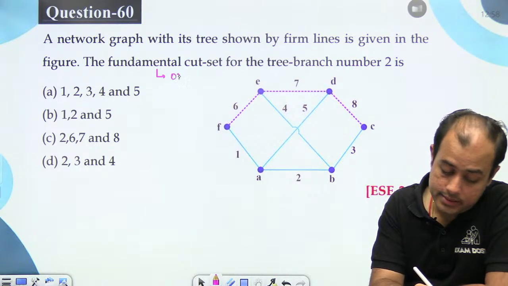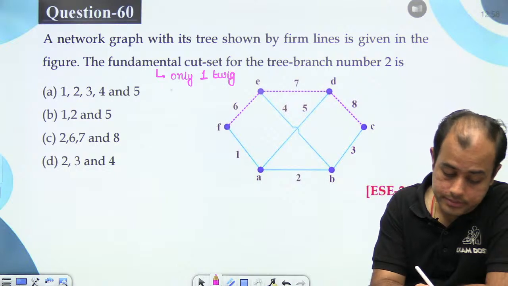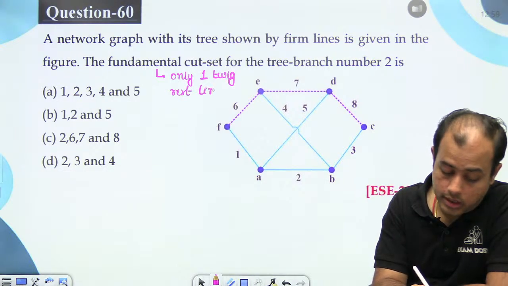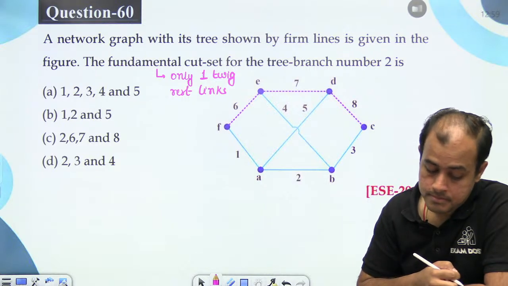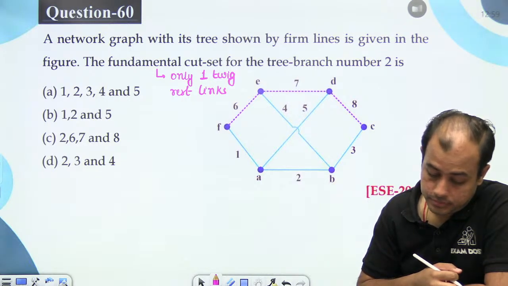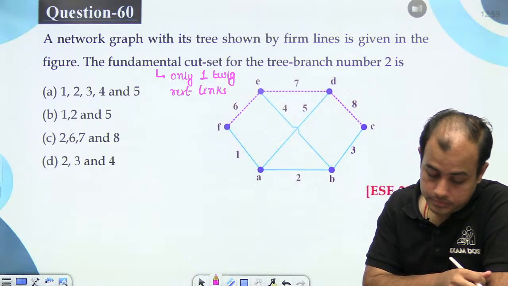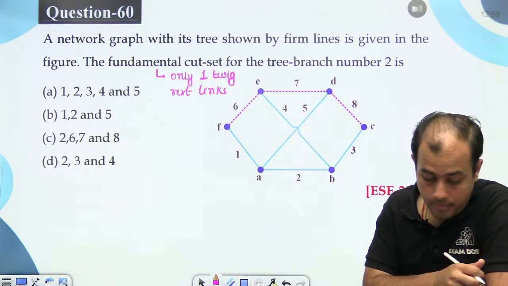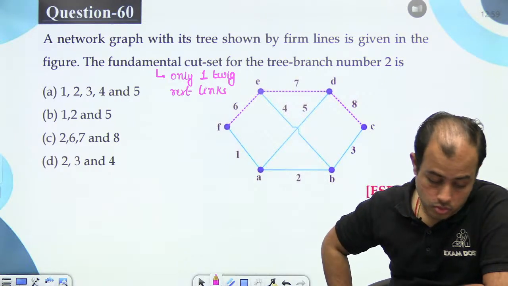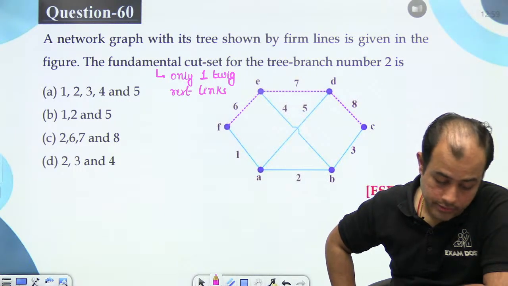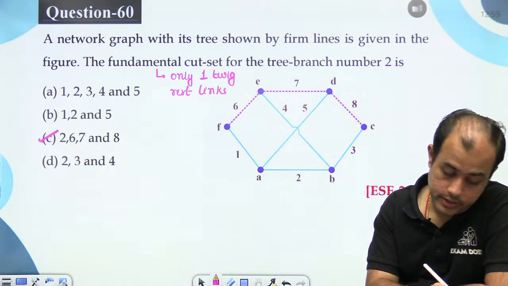Fundamental cut set means only one twig, rest all are links. So for 2, what can you cut? 2, 6, 7, 8. 1, 2, 3, no. 4, 5, no. 2, 3, 4, also no. So it will be 2, 6, 7, 8.